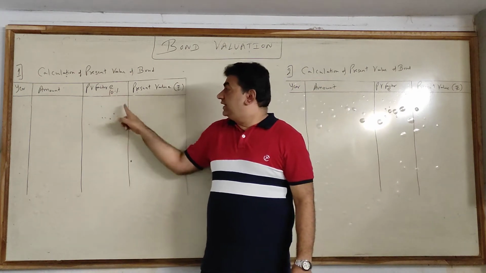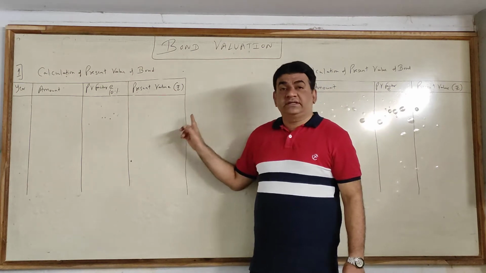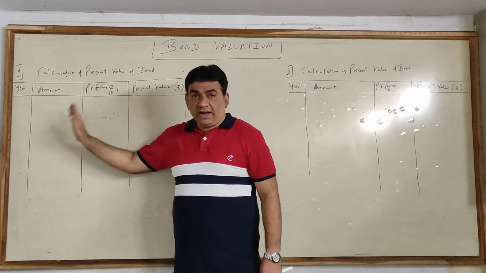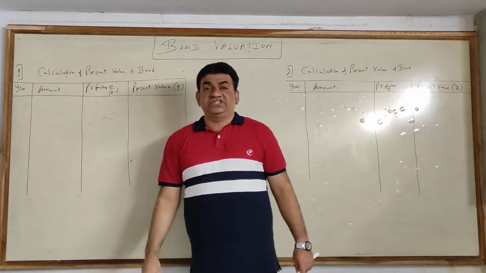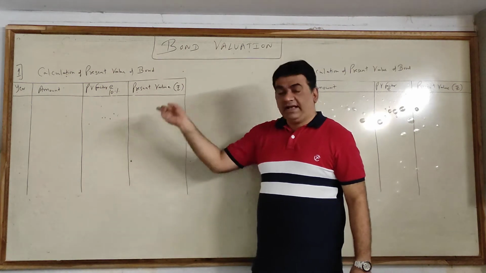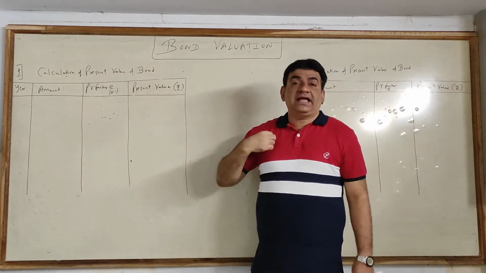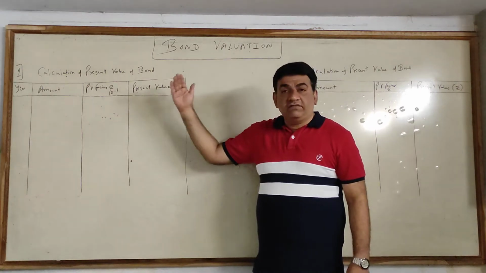So PV factor at 10% and present value in terms of rupees. Again, what I discussed with you in capital budgeting, I will discuss the concept of PV factor again while doing the sum.